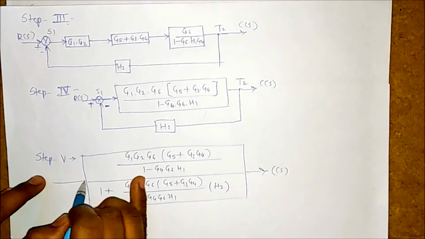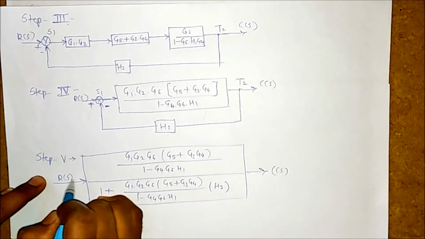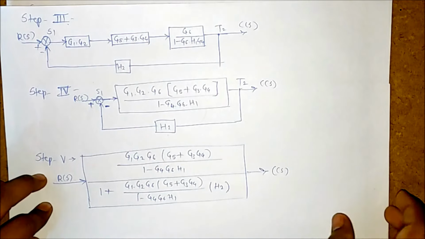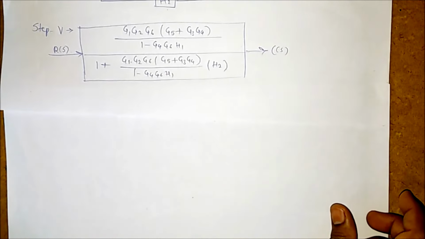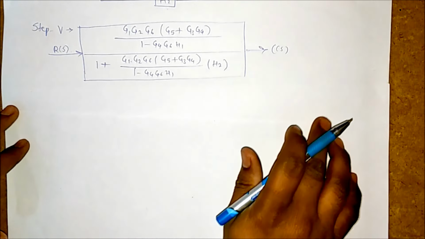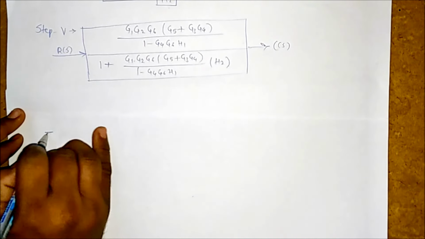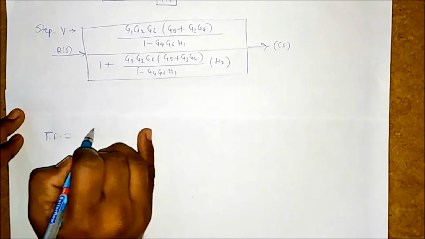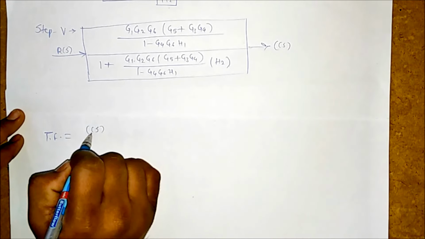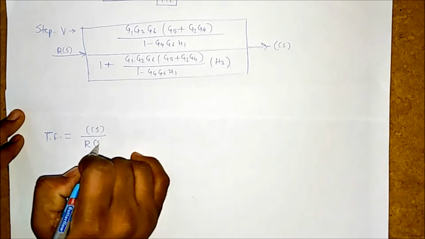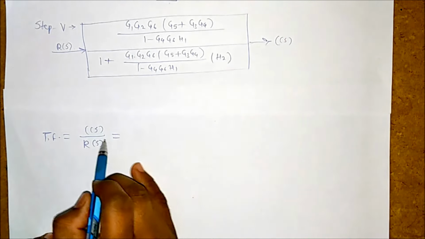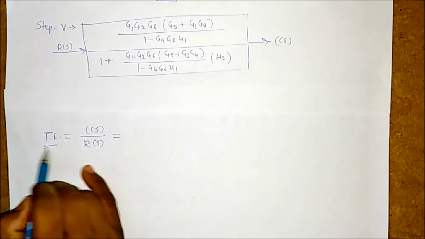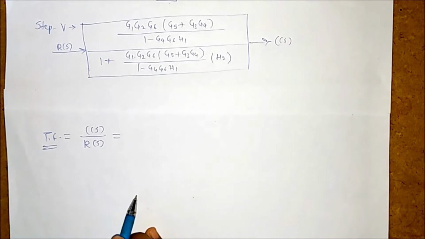Output is C(s), input is R(s). Now we have to find the transfer function, that is output upon input, that is C(s) upon R(s). If you simplify this block, you get the final answer, that is the transfer function of the given block diagram.